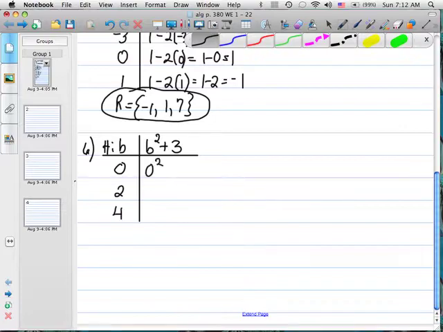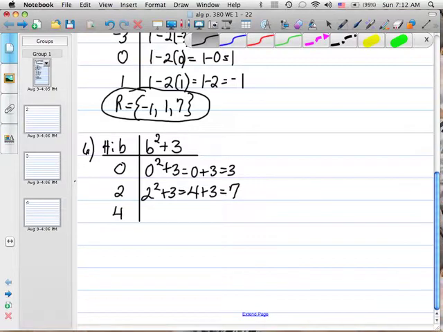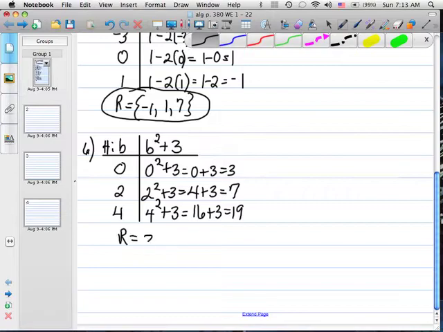So 0 squared plus 3 is 0 plus 3, which is 3. 2 squared plus 3 equals 4 plus 3, which is 7. And 4 squared plus 3 is 16 plus 3, which is 19. So our range is 3, 7, 19.